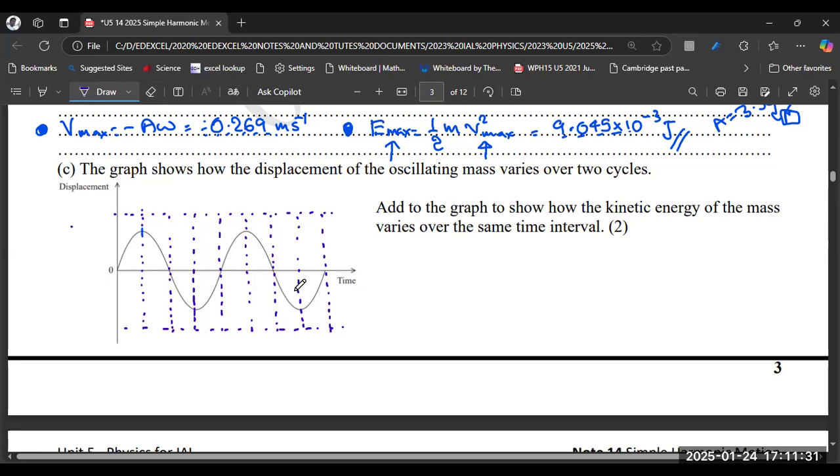Then what do you have to do? How do we draw the velocity-time graph? Go a quarter ahead, then we recognize the shape. This is the shape of the graph that you need to have. So we will draw it now. I will draw it a bit bigger for our better understanding. Every quarter, I have to complete part of a wave.